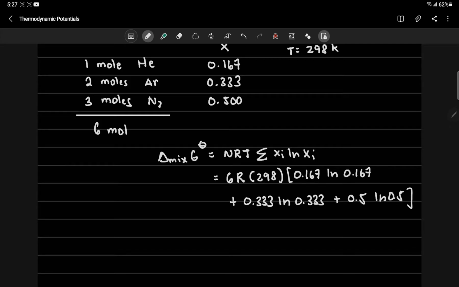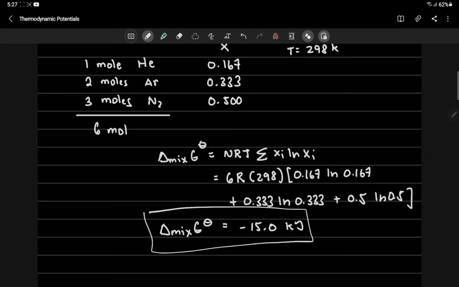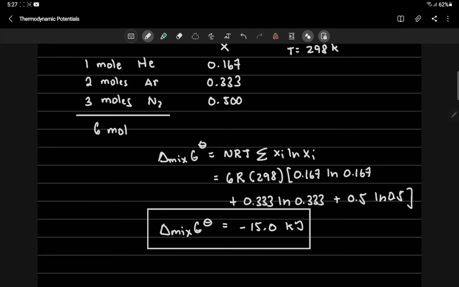So kunin mo yung calculator mo, ang lalabas na free energy of mixing ay minus 15.0 kilojoules, which is a favorable process. Spontaneous siya, exergonic kasi negative. Alright?